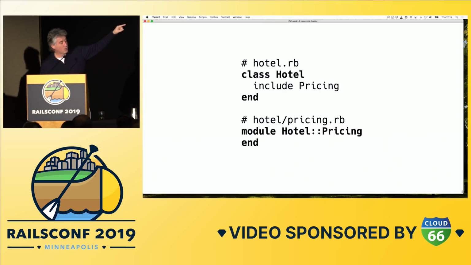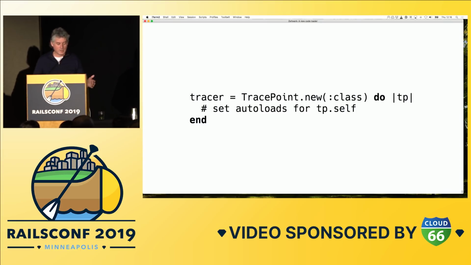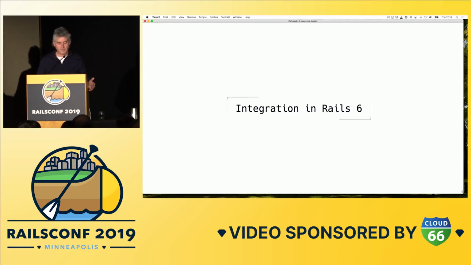So Hotel is evaluated because you are using the Hotel class somehow, and then after the class keyword, before the include line, you are called. So we are on time to go and descend at that moment into the Hotel subdirectory and put the autoloads, and then the next line Pricing works. That was the trick. So with that, everything is solved, and the gem is published.